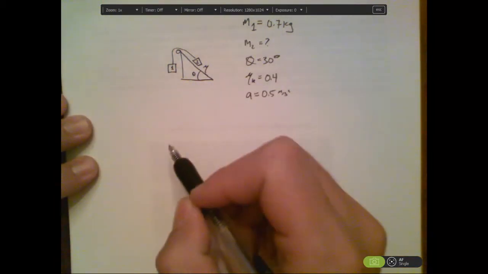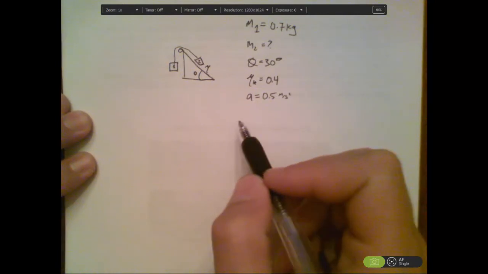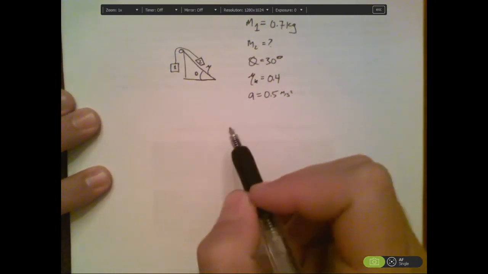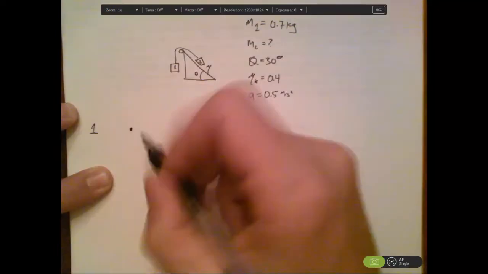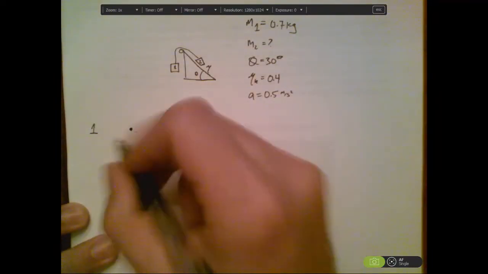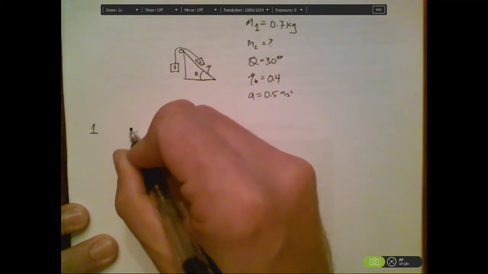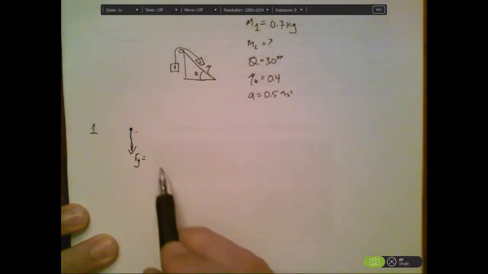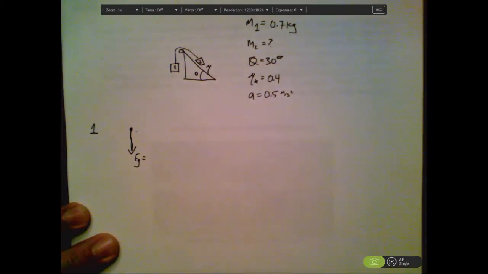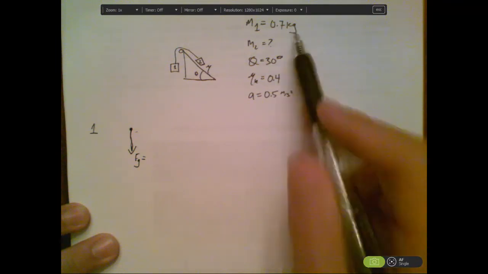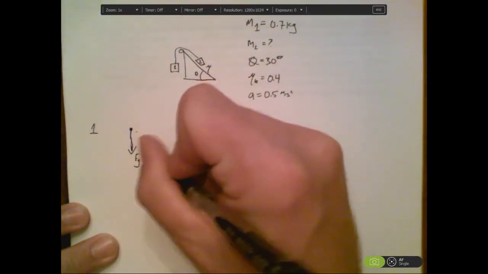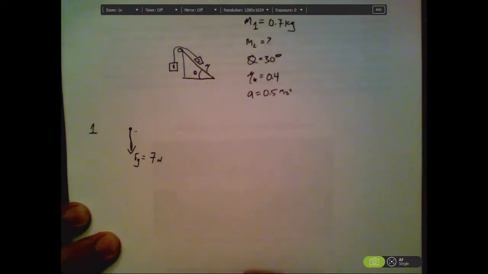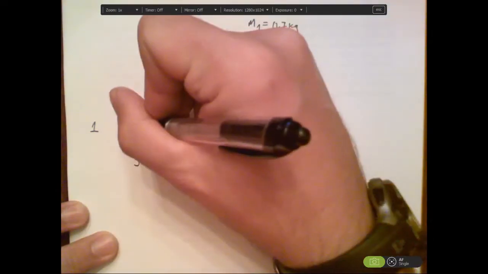So what we're going to do is first start with free body diagrams and try to identify all the forces. For object 1, the forces acting on it are the force of gravity, which for this object is going to be 0.7 times 10, so 7 newtons, and then there is some tension up.